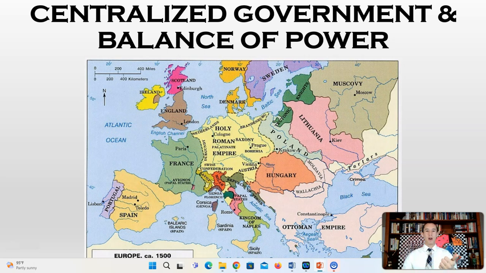There were absolute monarchs, constitutional monarchs, different kinds of monarchs. But this is really important to know: if you are going to have a capitalist system, you have to have a strong central government. Now, obviously, it can be too strong. You don't want that. But without any government, you cannot have capitalism.